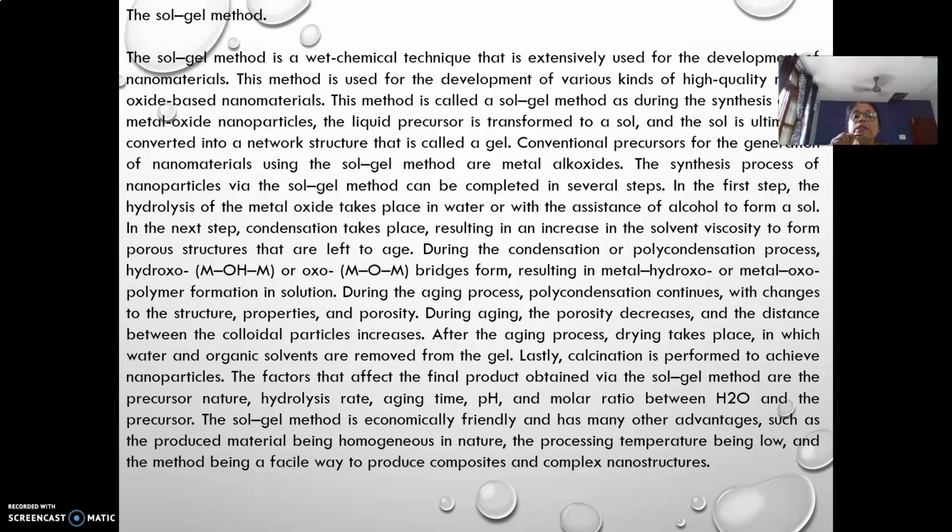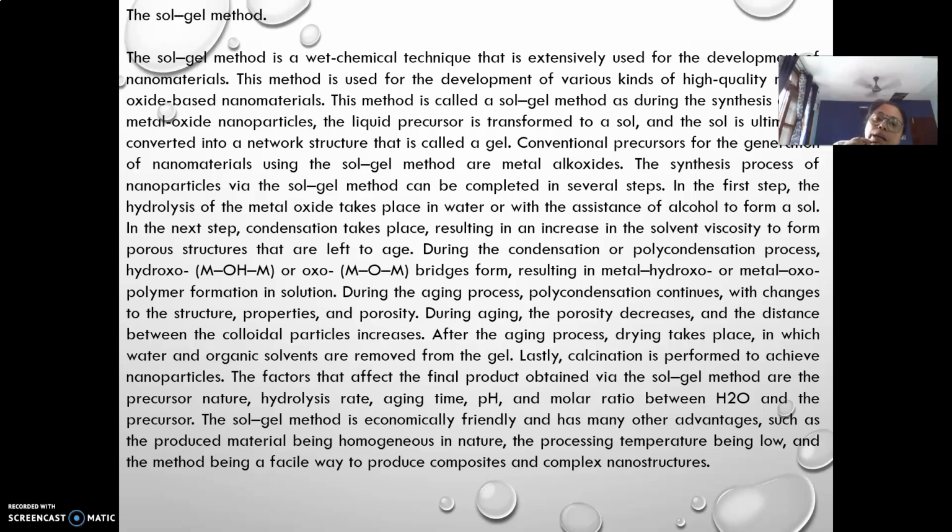So this sol gel procedure takes place in a number of steps. In the very first step, you have to have hydrolysis of the metal precursor. That means you must have the solution of the metal precursor. If you want to prepare a metal oxide based nanomaterial, then you must have the starting reagent, and you need one solvent so that you can go to the solution phase.